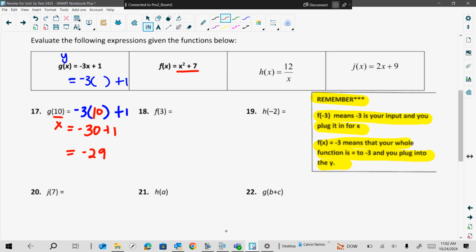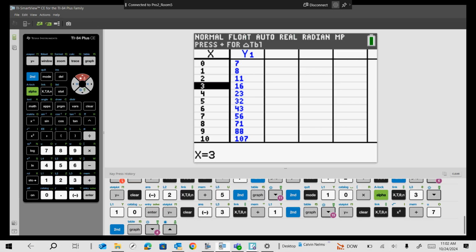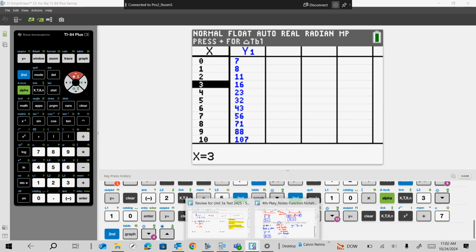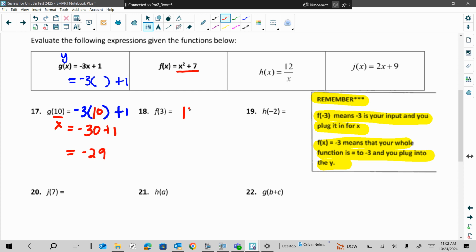Got 9? Oh, I didn't put plus 7. Okay, that answer is 16. You can just put your answer, and put GC for graphing calculator to show your work. If you're using the graphing calculator to get an answer, just put GC.